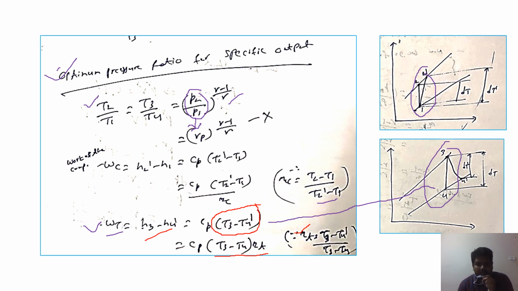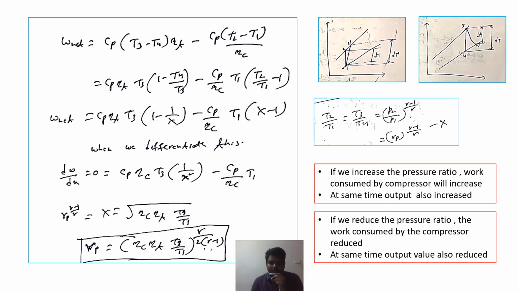From this we can find the net work done. So net work done, we can write it as work done by the turbine minus work done by the compressor. Work done by the turbine is Cp into T3 minus T4 into efficiency of the turbine, minus work done by the compressor, which is Cp into T2 minus T1 divided by efficiency of the compressor.